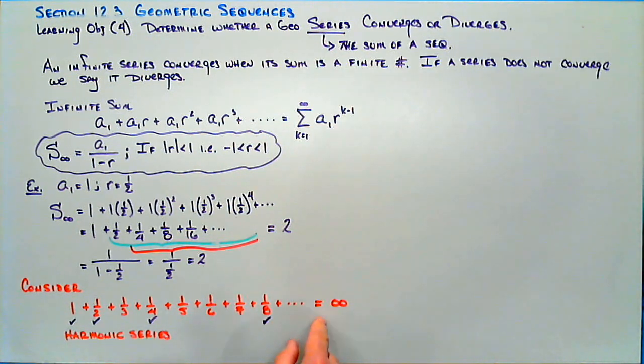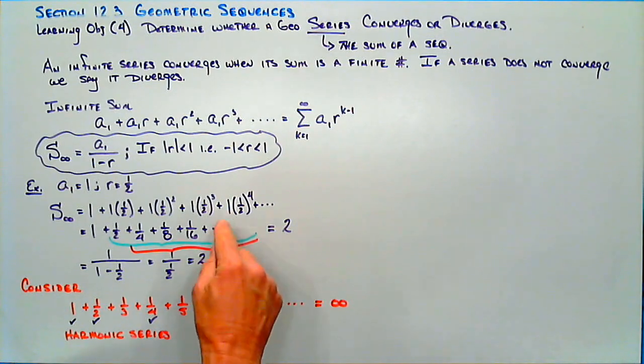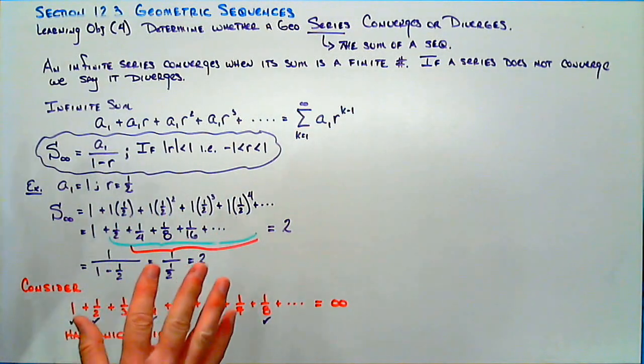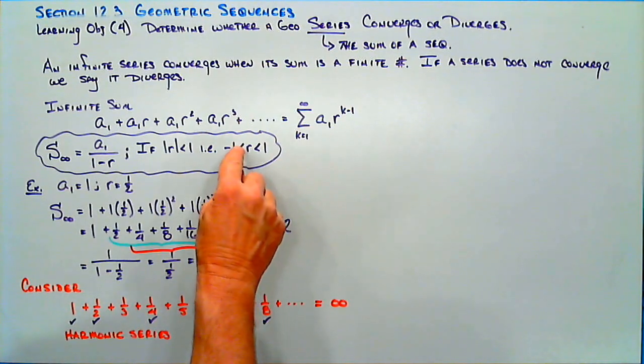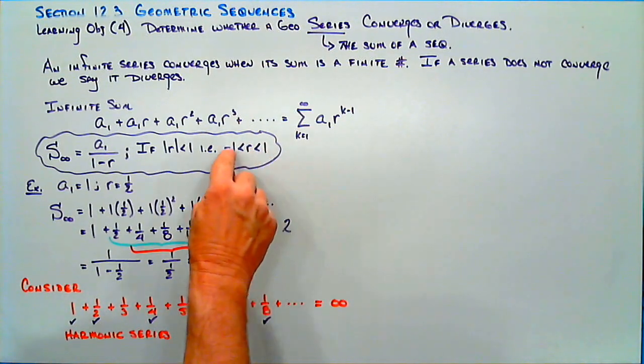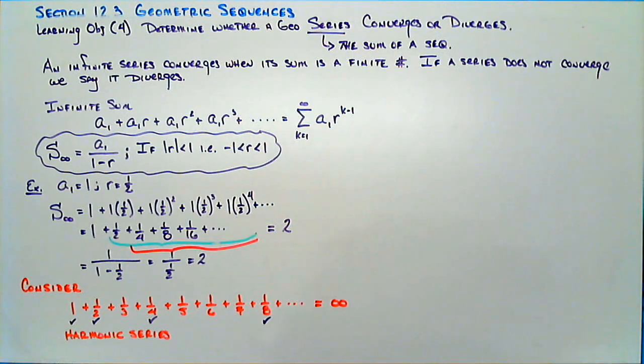It has to be geometric, and it has to have a common ratio below 1 or bigger than -1. Okay?